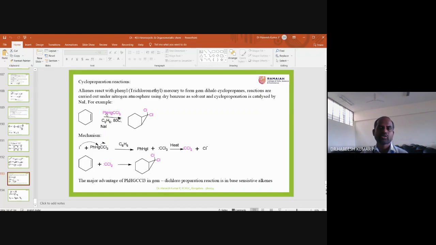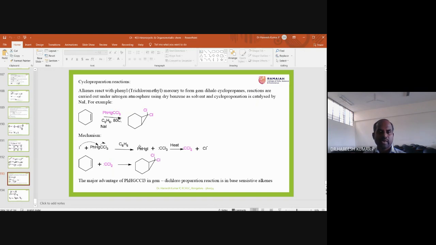This product finds application in cyclopropanation. Cyclopropanation means a cyclopropane ring is formed. How will it form? It will form by reacting with an alkene. So this is an alkene, and it is treated with phenyl trichloromethyl mercury.